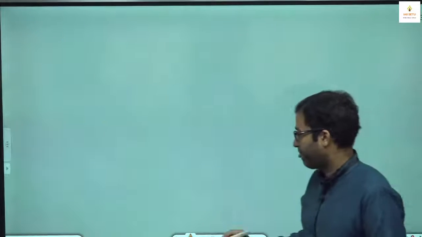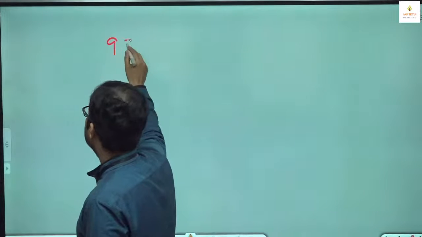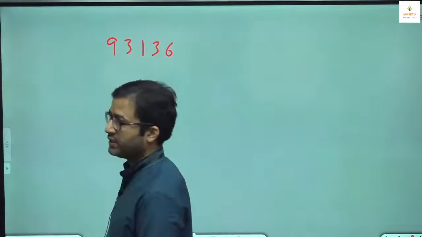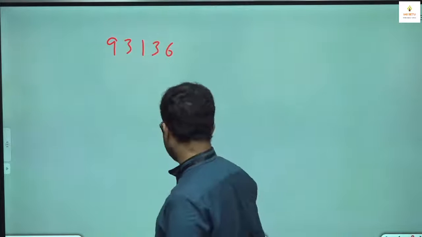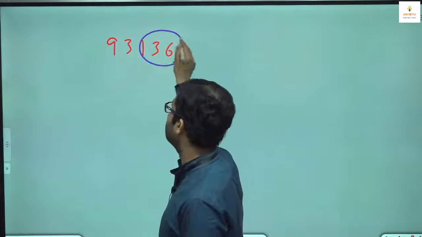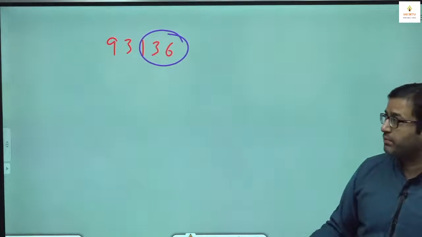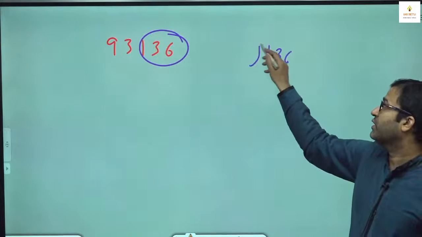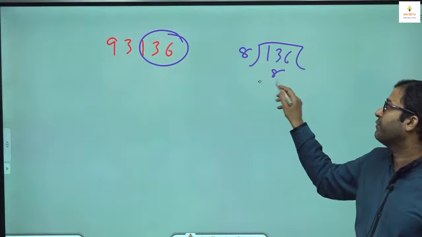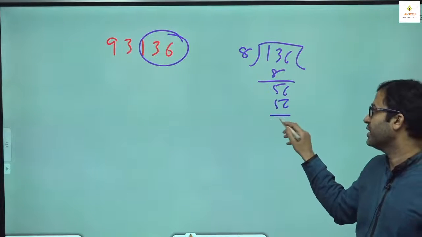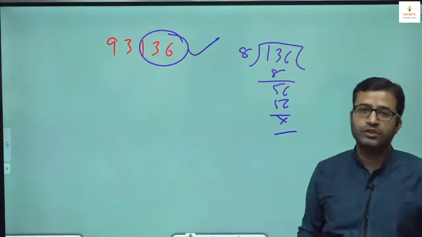Now here 93,136, so the rule tells you that we check 136, if it is divisible by 8, it means the complete number is divisible by 8. We will check 136 divided by 8, 8, 56, 56, yes, so this number is also divisible by 8.